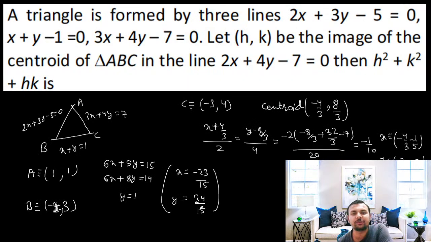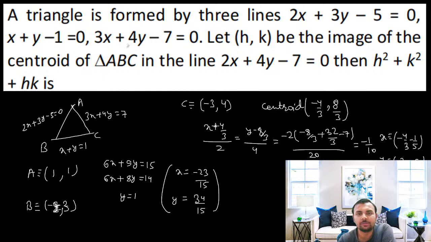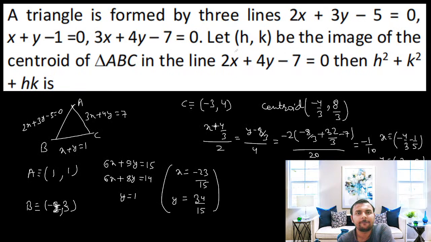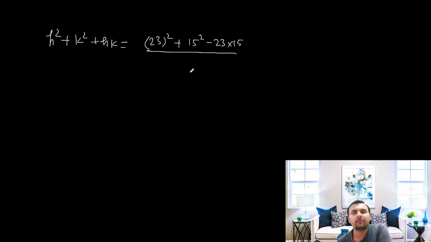Okay, so now we have h square plus this is h, this is k. So h square plus k square plus hk is coming out to be somewhere roughly 23 whole square, 15 whole square minus 23 into 15 by 15 whole square.